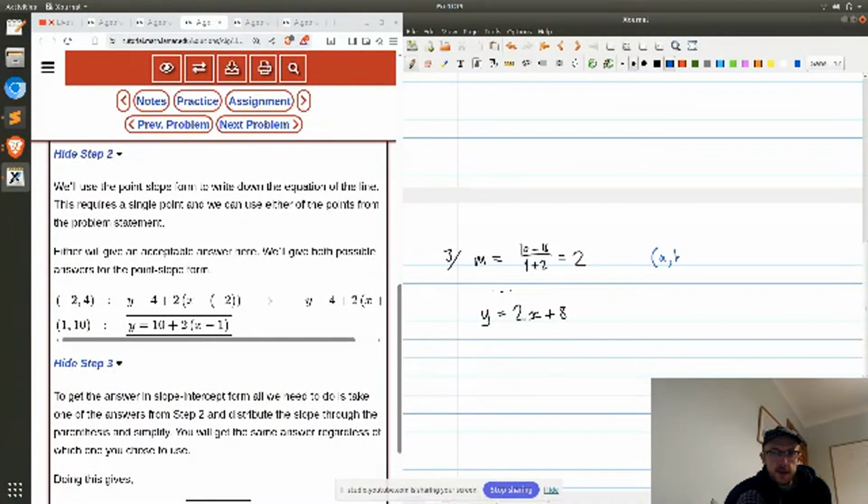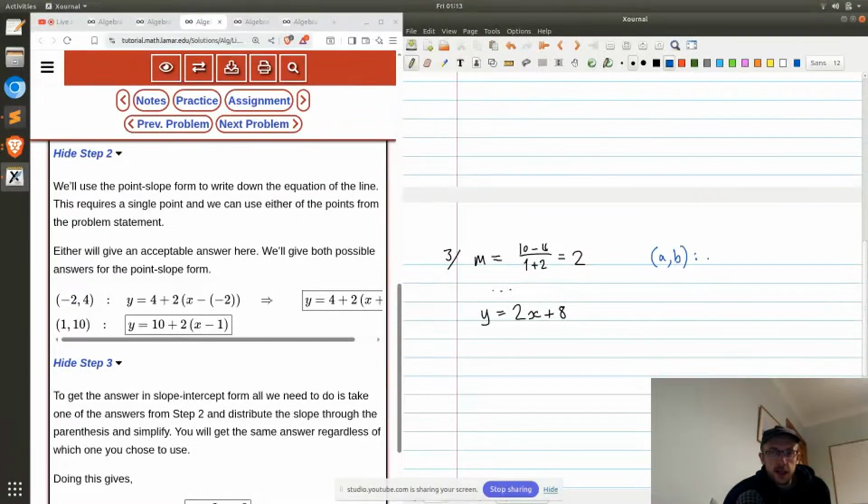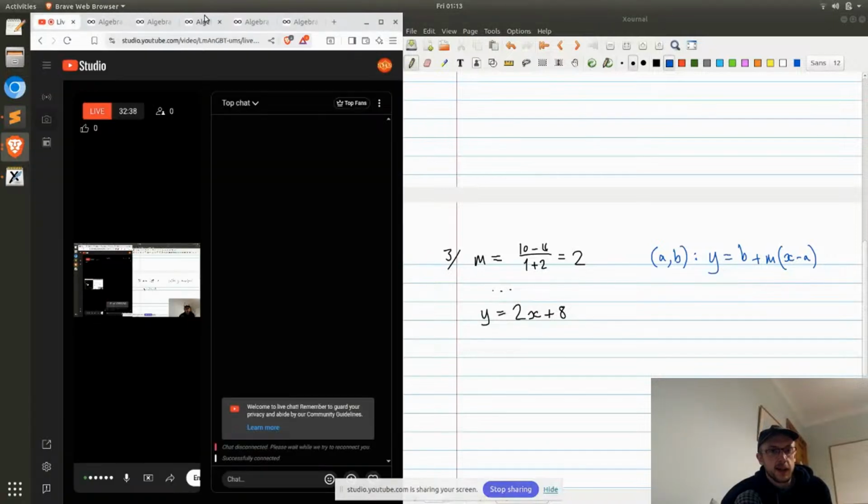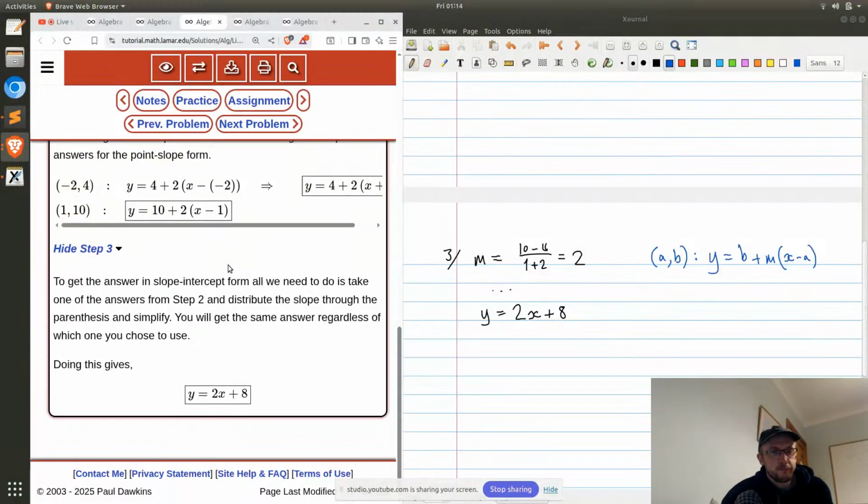So what you're telling me is that if you have the point A comma B and it's on the line, then you do y equal to B plus M times X minus A, I suppose. I mean, that looks like y minus y1 equals m, open brackets, x minus x1. So I guess I have seen that before, but I didn't realize that there was a dedicated name for that. So, interesting.